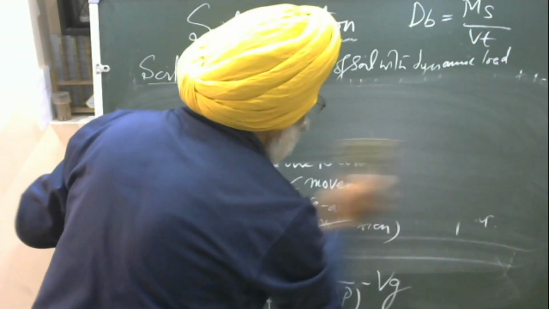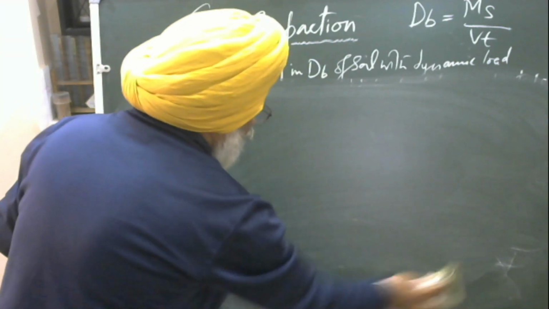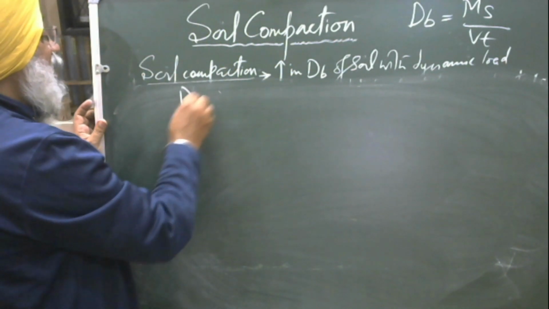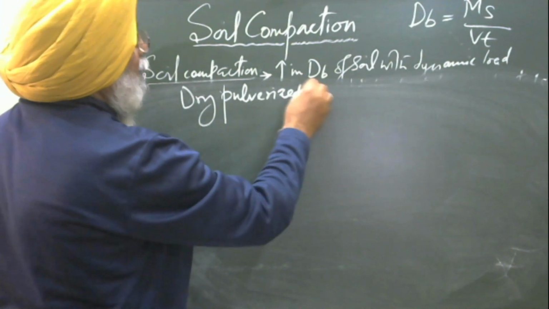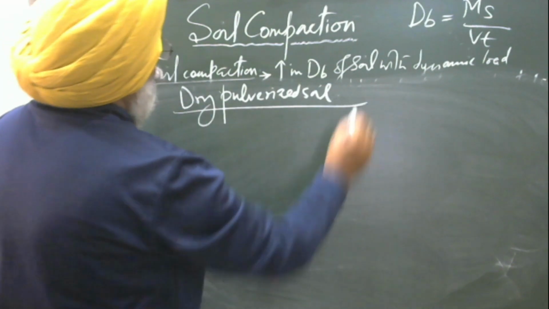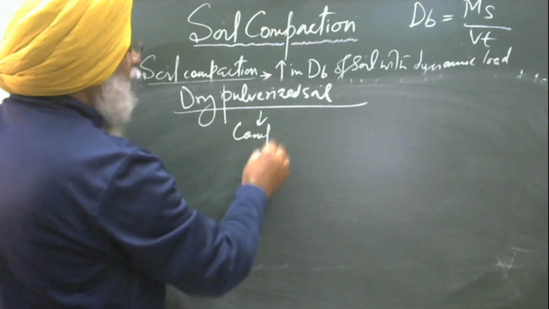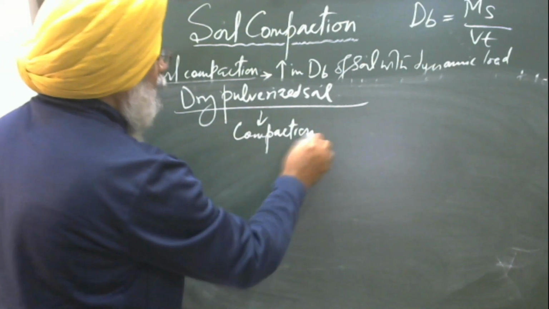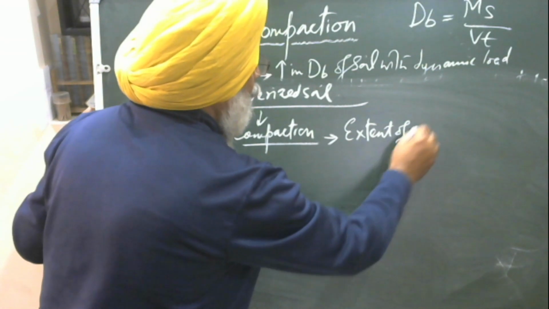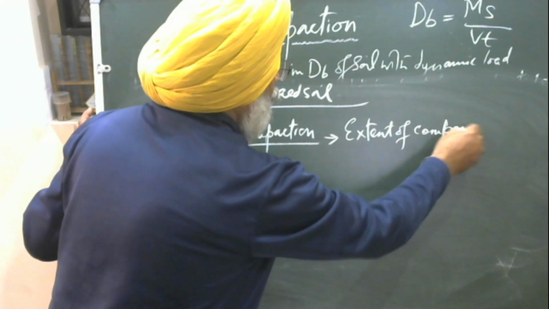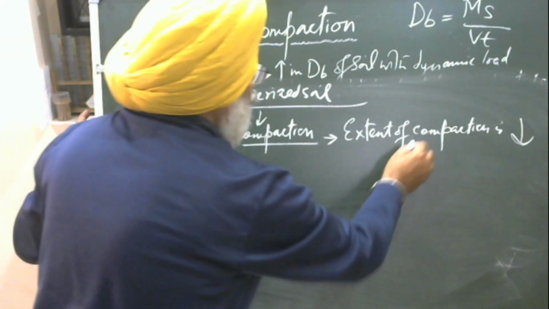Now if your soil is not saturated, if it's dry and pulverized soil, pulverized means it's a loose soil, and when you compact it, what will happen? It will not be compacted to such an extent. The extent of compaction will be less. Why? It could be because of two reasons.